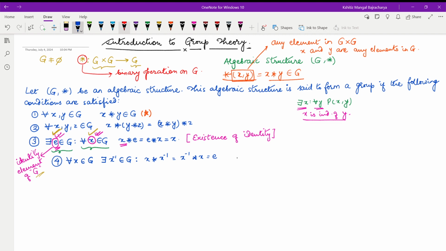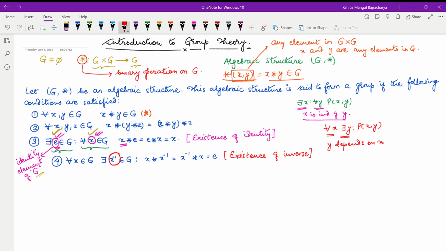This is called the existence of inverse. And since we have a statement of this form, we can conclude that y depends on x.